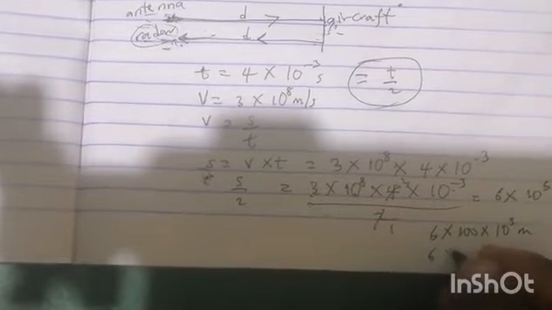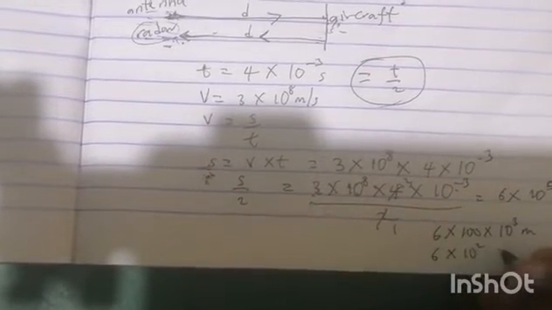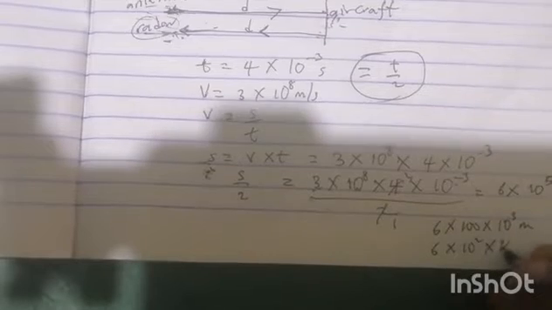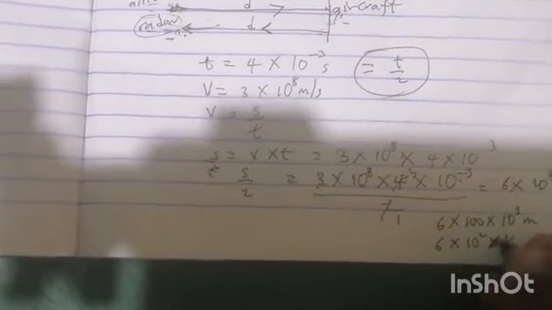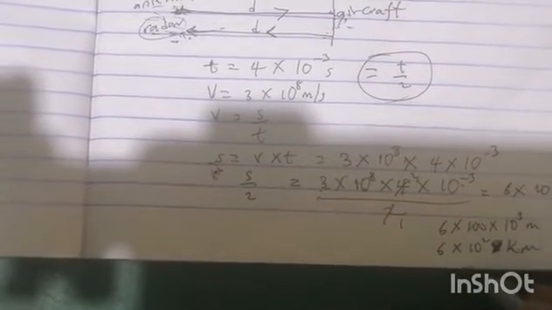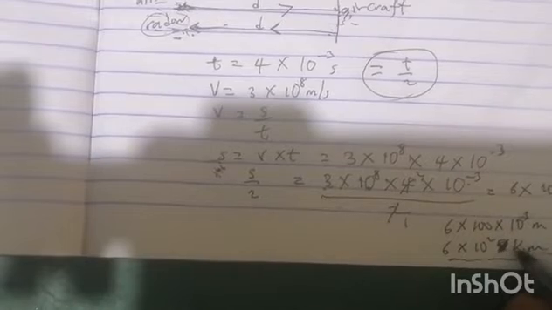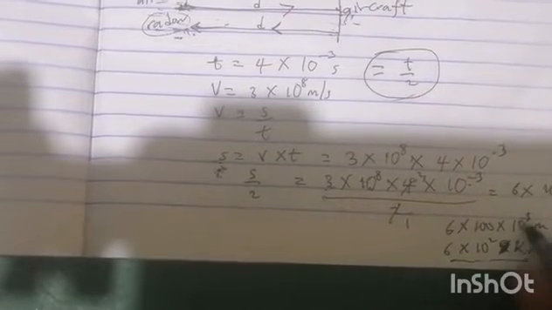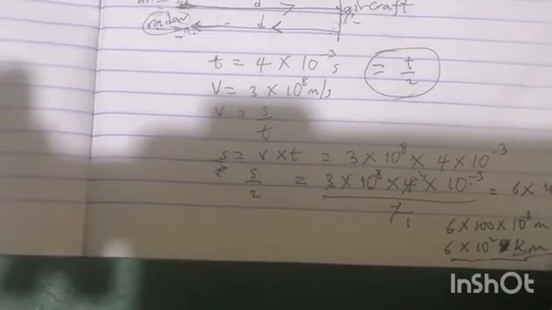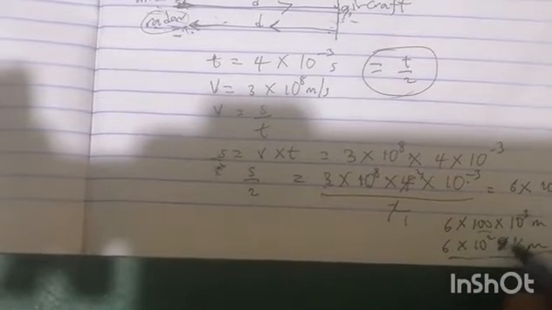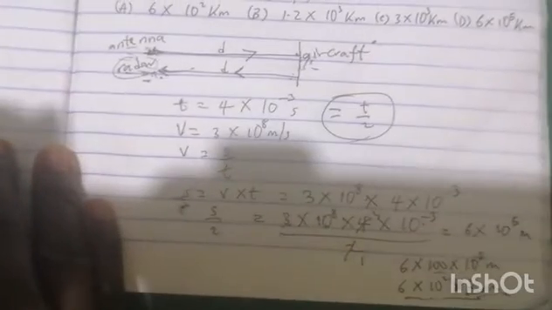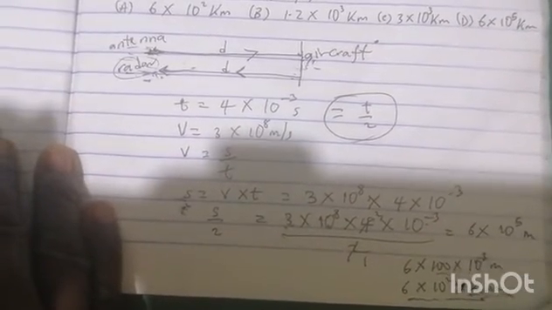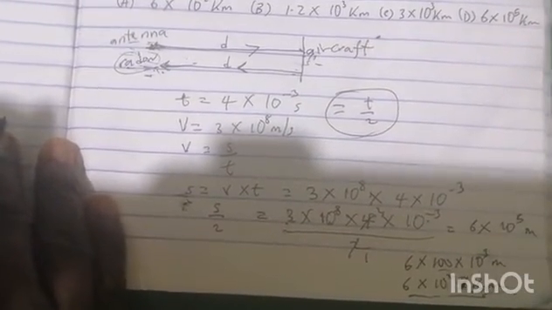That will be 6 times 10 raised to 2, which is 100 times, that will be kilometer. So that will give me 6 times 10 raised to 2 kilometers. It's just this 10 raised to power 3 that becomes our kilo here, and this 100 becomes 10 raised to power 2. If you have your calculator, it can make it easier for you. So with this breakdown, I have 6 times 10 raised to power 2 kilometers.